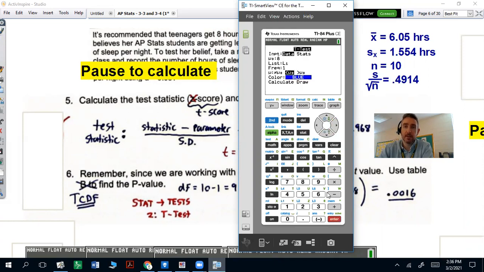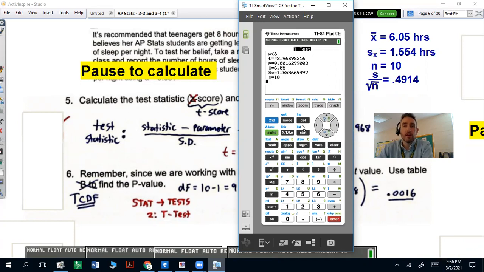Under t-test, if you stay on data, you change your null to 8, you change your direction to less than, you can get your calculations, and I'll go back to draw so I can show you that too. But you get your p-value of 0.0016, same as we got over here. You get your sample mean and your sample standard deviation and your t-test statistic.